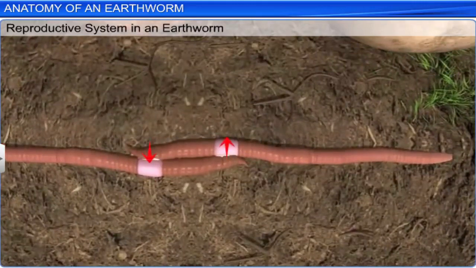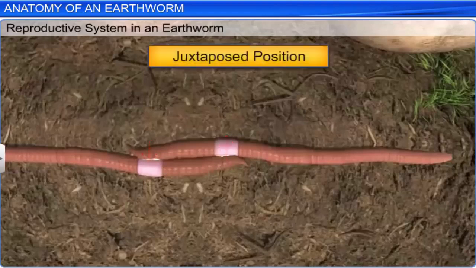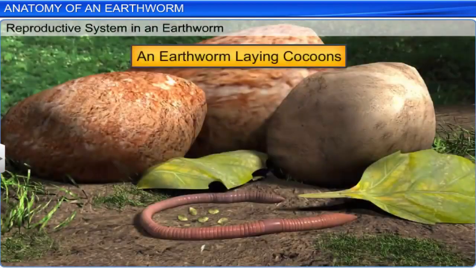While mating, 2 worms lie in a juxtaposed position, resulting in a mutual exchange of sperm between the 2 worms. Later, cocoons containing mature sperm, eggs, and a nutritive fluid are secreted by the gland cells of the clitellum.